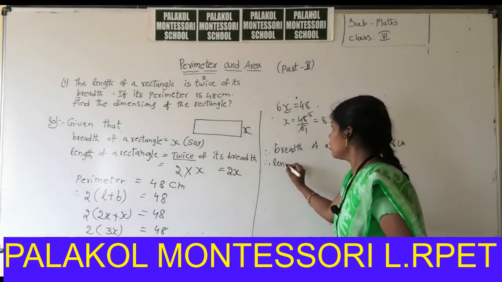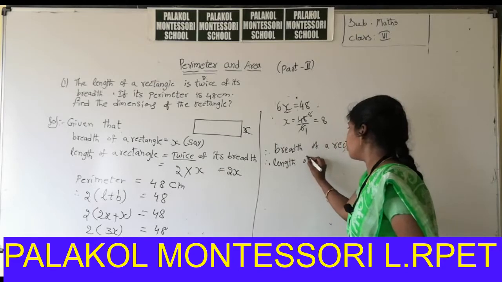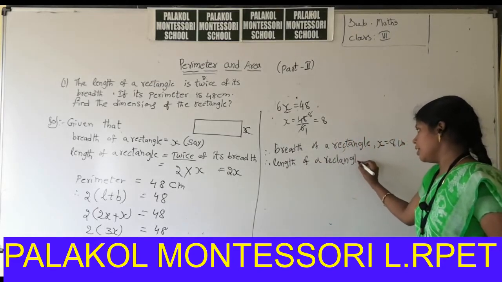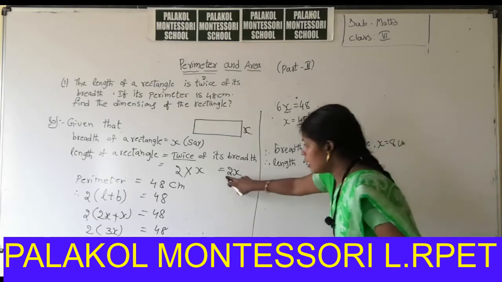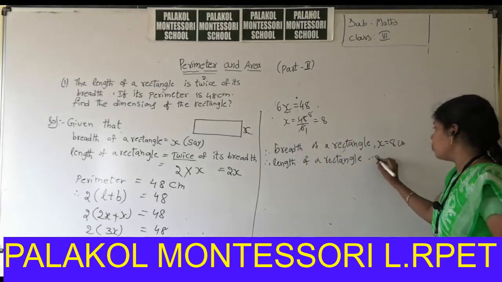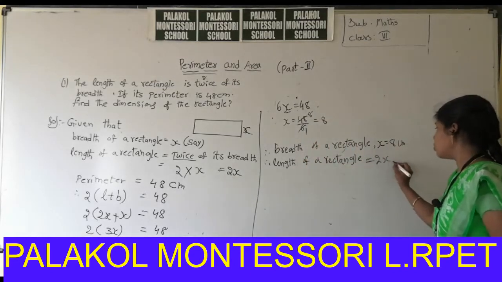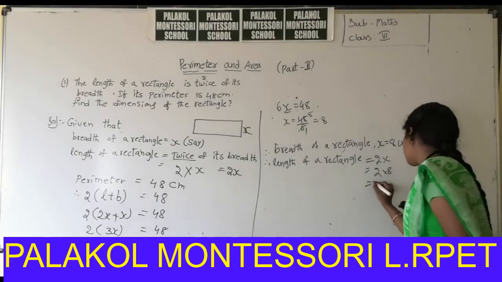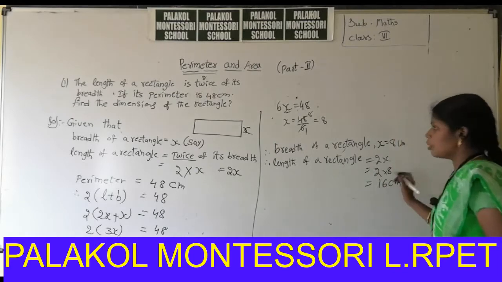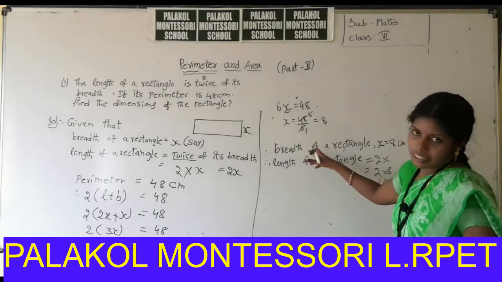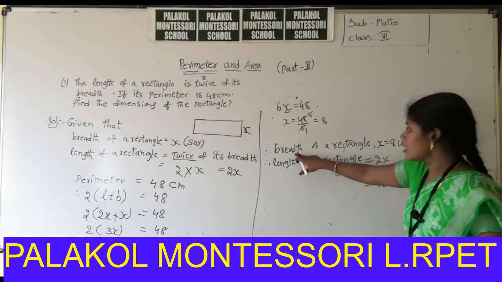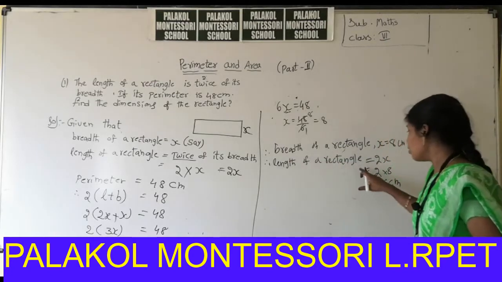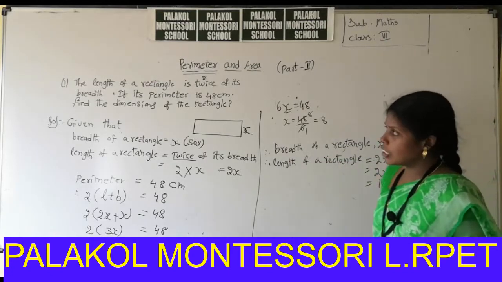The length is 2x. So that is nothing but 2 into what is x? 8. 2 8s are 16 centimeters. So we can find the dimensions of the rectangle: the breadth of the rectangle is equal to 8 centimeters and the length of the rectangle is equal to 16 centimeters.